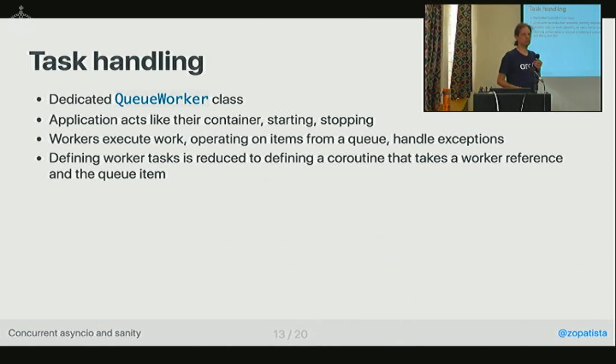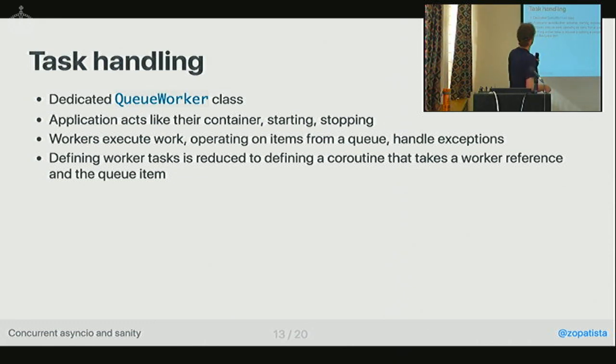You have a queue, you have to take tasks from that queue, handle them, handle exceptions, everything else. You want to be able to start and stop workers, you want to scale up and scale down, whatever. So there's a separate class that handles a queue worker, that handles queue tasks. All it does is you give it a queue and you give it a coroutine that handles each separate task.